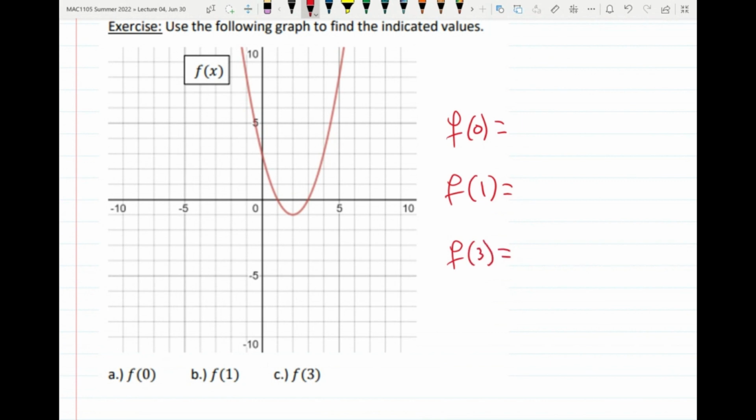Let's see, who can tell me what's f of 0 equal to, according to this graph? So we're looking at this guy right here. 3. So that's equal to 3. Good. What's f of 1? 0. We're looking at this guy right here. What's f of 3?